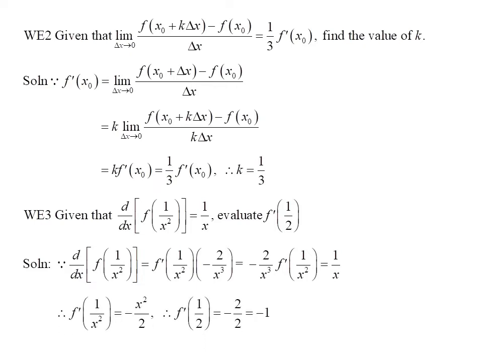Hence, f prime of 1 over x squared equals negative x squared over 2. After substituting x by square root 2, f prime of 1 over 2 equals negative 1.